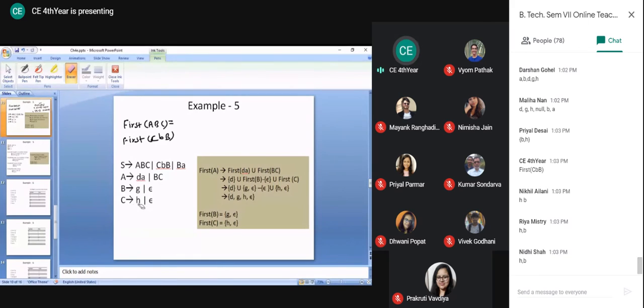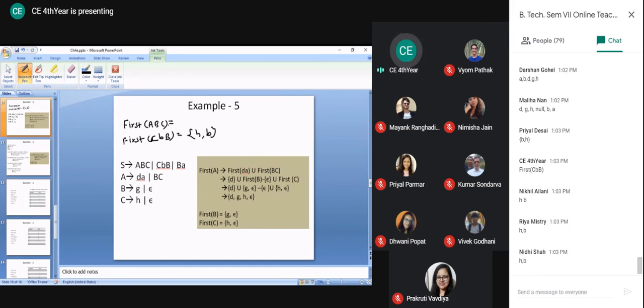But small b is present. So first of CbB will be only two values, h and b. Because non-terminal C gives us h and null, but we cannot consider null because this entire part, capital C, small b, capital B, does not derive null. So we are getting h and small b from first of CbB.